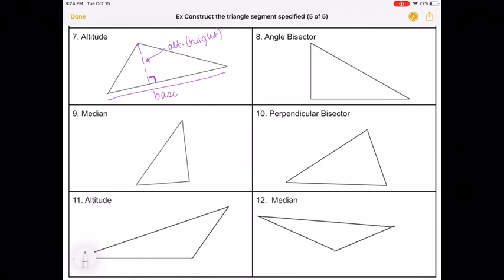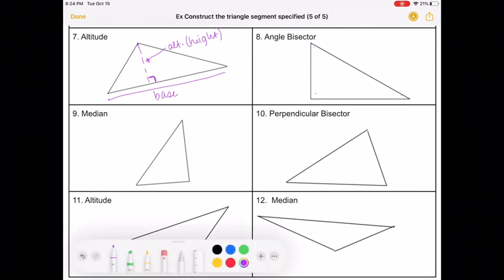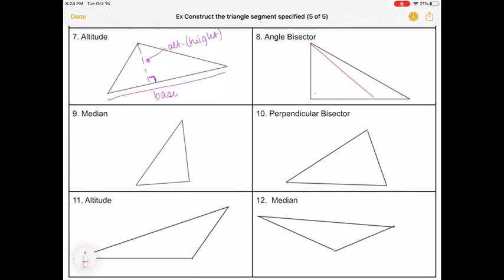Okay, angle bisector. That's a line segment that goes from one of the vertexes and cuts the angle in half. I could do this in 3 locations, in any of the vertexes. I'm just going to pick the top one. I'm going to draw something wrong first, so don't draw this part. Maybe if I did it like that.